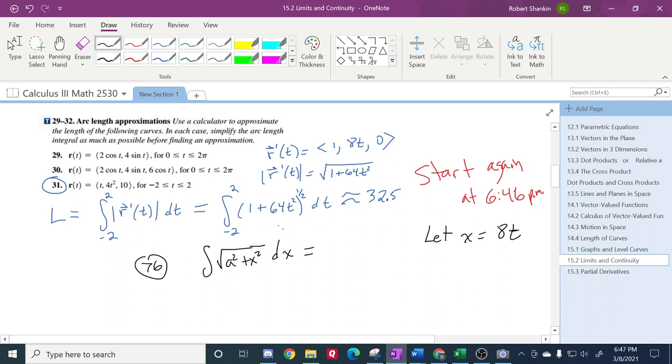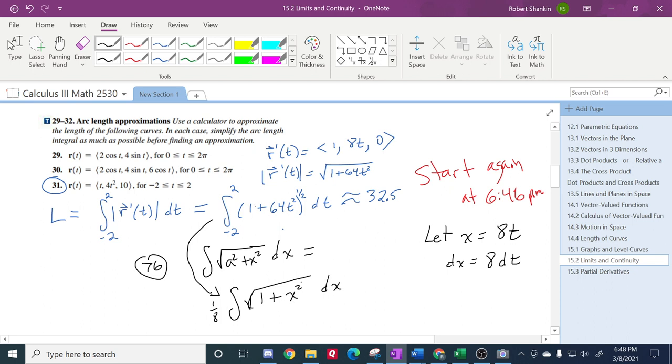And so dx is 8 dt, and so this integral would be the integral of the square root of 1 plus x squared, and then the dt is 1/8 dx, like this.